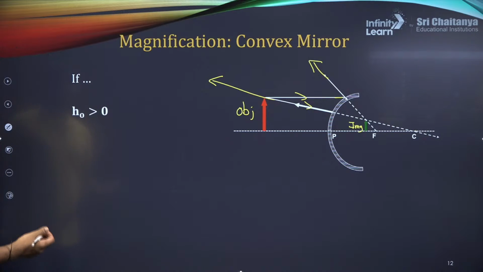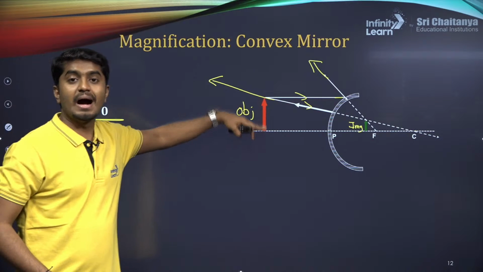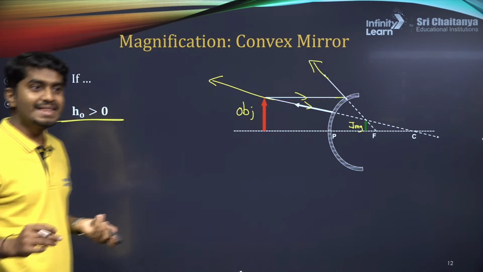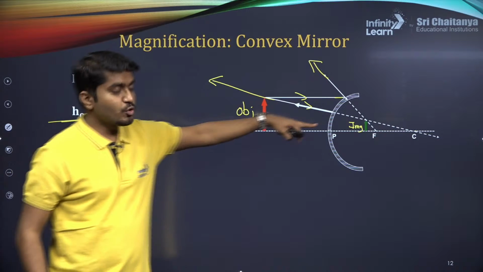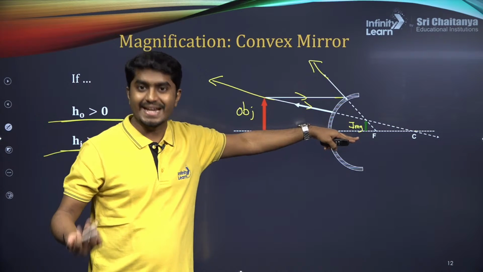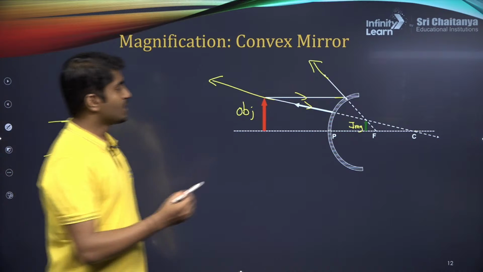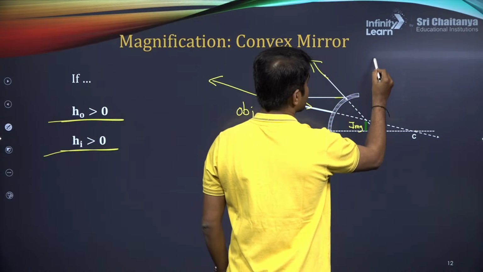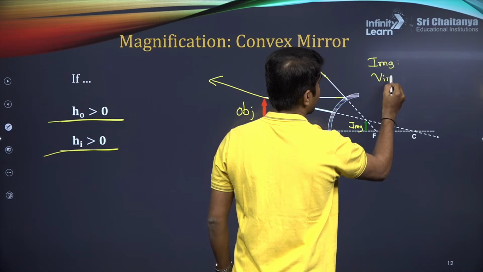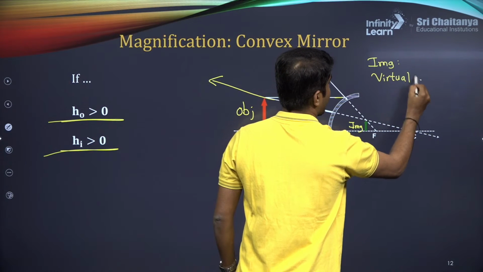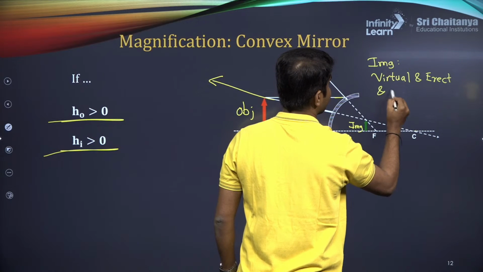If the height of the object is positive, that means the object is above the principal axis. In that case, the height of the image is positive. So the image is virtual and erect. I'll write down the properties of the image. The image is virtual, erect and also diminished.